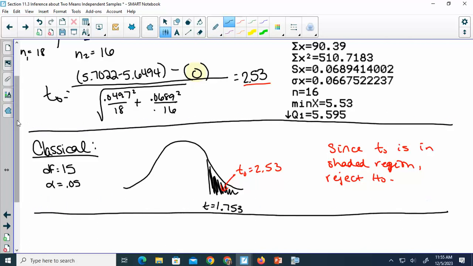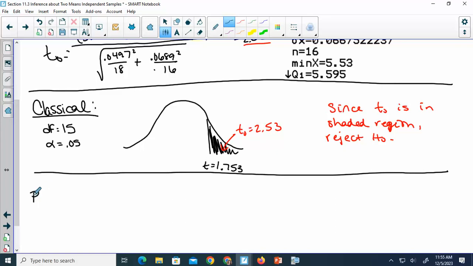Okay, if I ask for the p-value approach, we have a lot of ways of doing these. We have to use our table to try to estimate our probability. The degrees of freedom is still 15, and the t that we calculated was 2.53. So you go to the 15 degrees of freedom row, going over to 2.53.